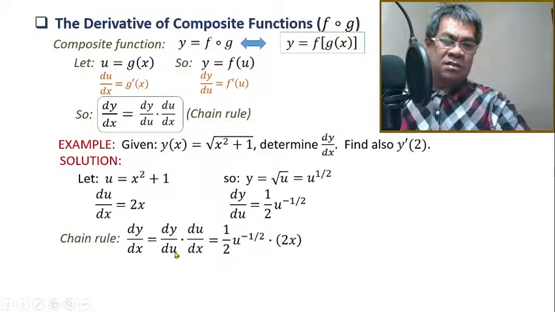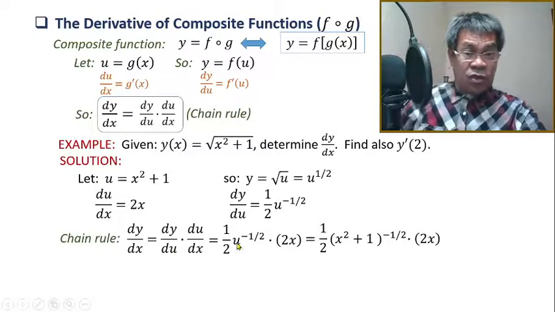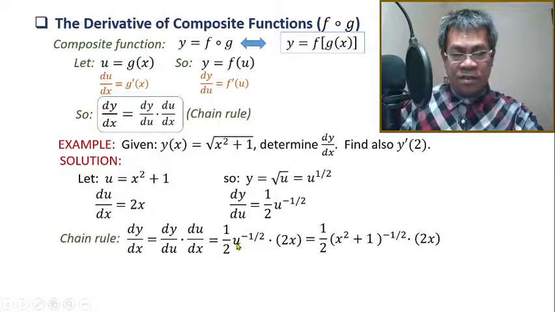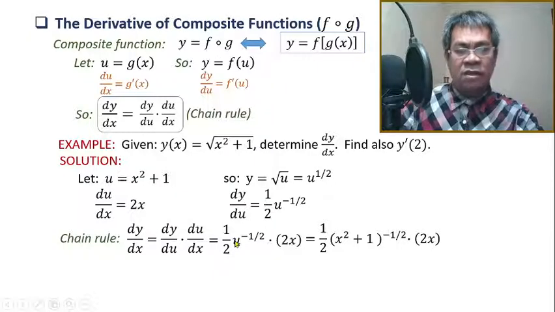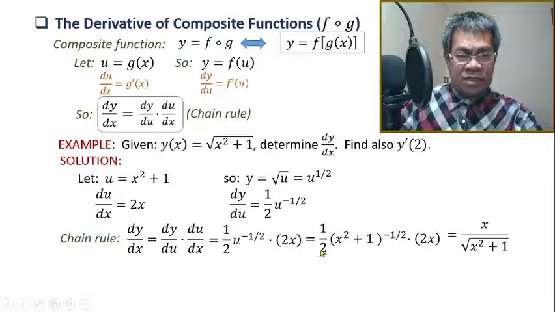That's it. Now we don't have the final answer that involves u, so we have to replace back the assigned value of u, which is equal to x squared plus 1. So replacing this with x squared plus 1 becomes 1/2 quantity x squared plus 1 raised to negative 1/2, then multiplied by 2x. With that, we can cancel the 2.